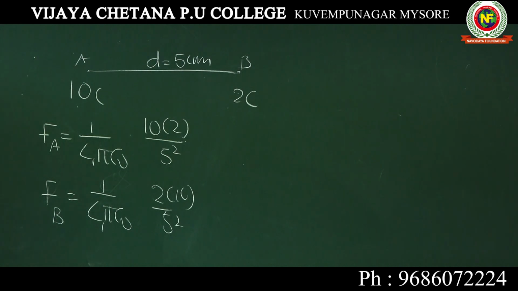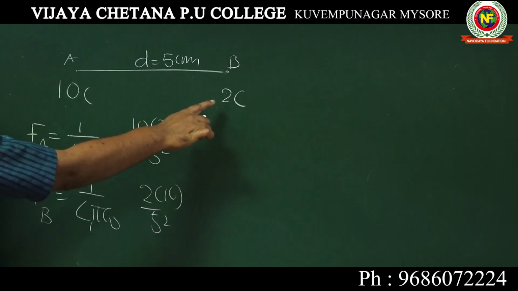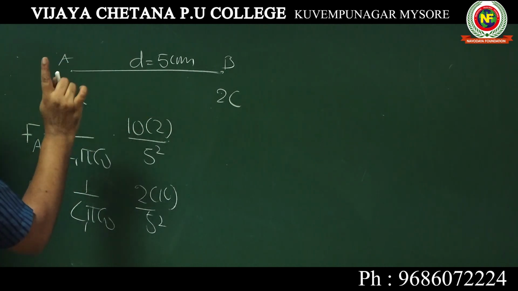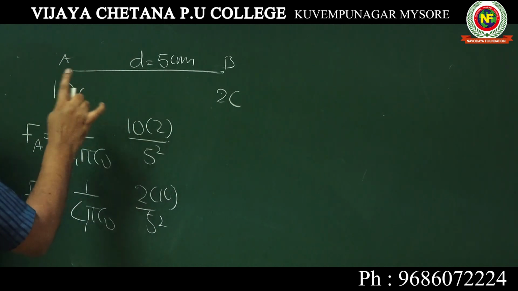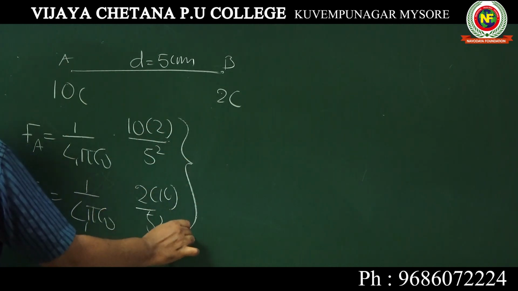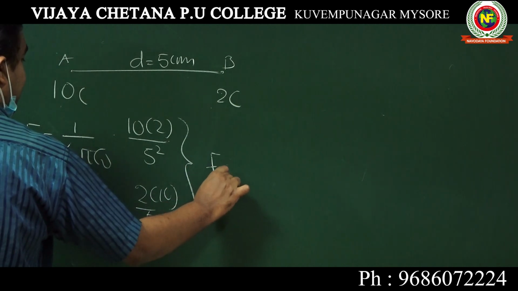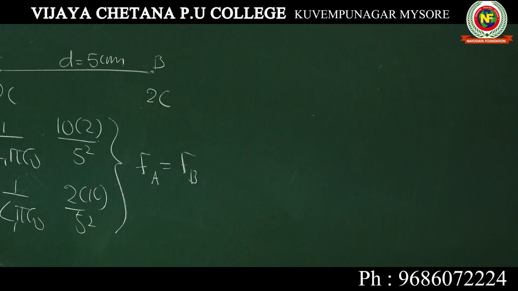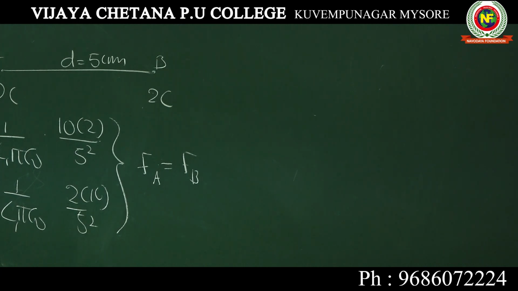You must understand: two charges may be big or small, the bigger one does not exert more force than the smaller, and the smaller one does not exert less force than the bigger. Force always depends on the product. You must remember. So the force exerted and experienced by A is the same as that by B. Did you understand? Important point, keep it in mind.